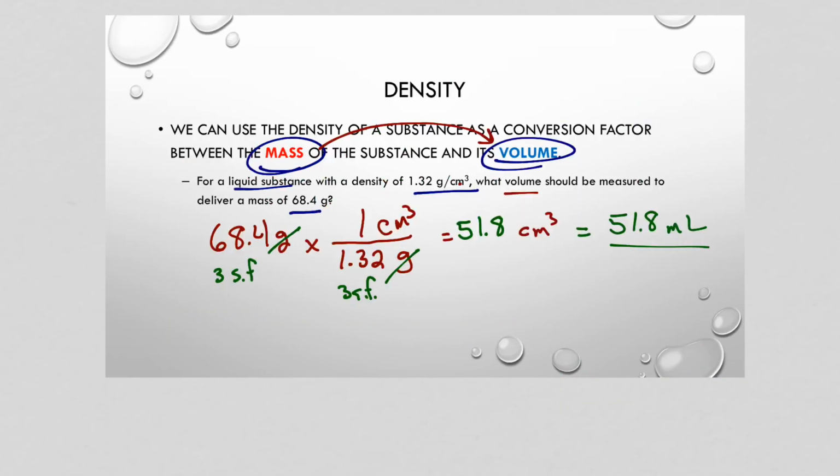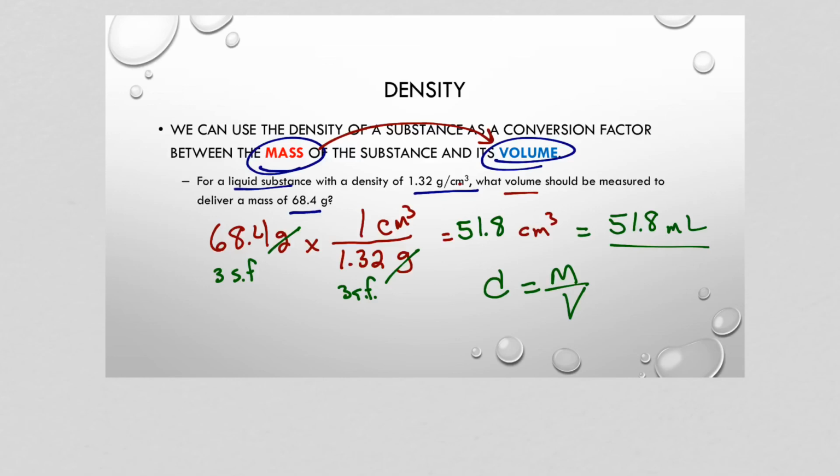Or we're going to use the density combined with either the mass or the volume to figure out the other one. So remember, our equation is density equals mass over volume. So if we think about it, if we know 2 of these, right?